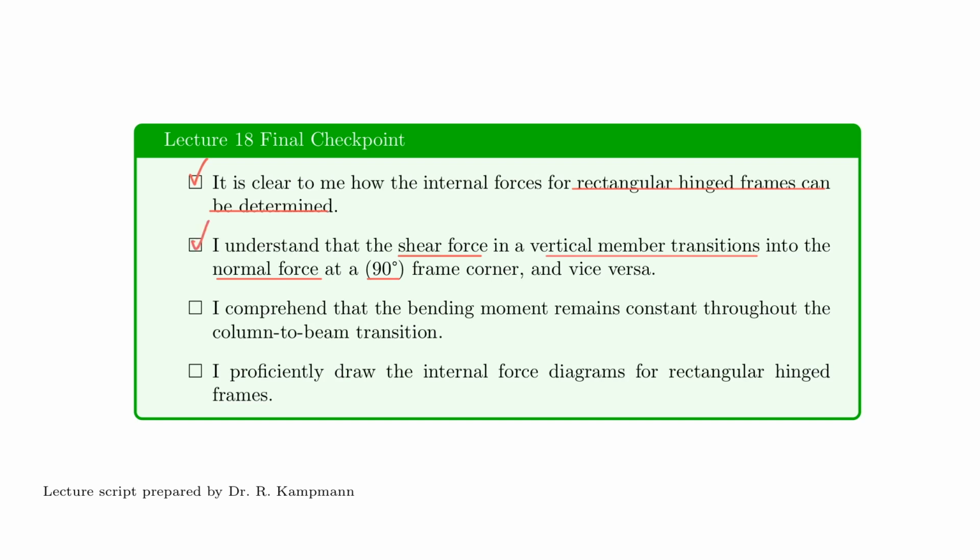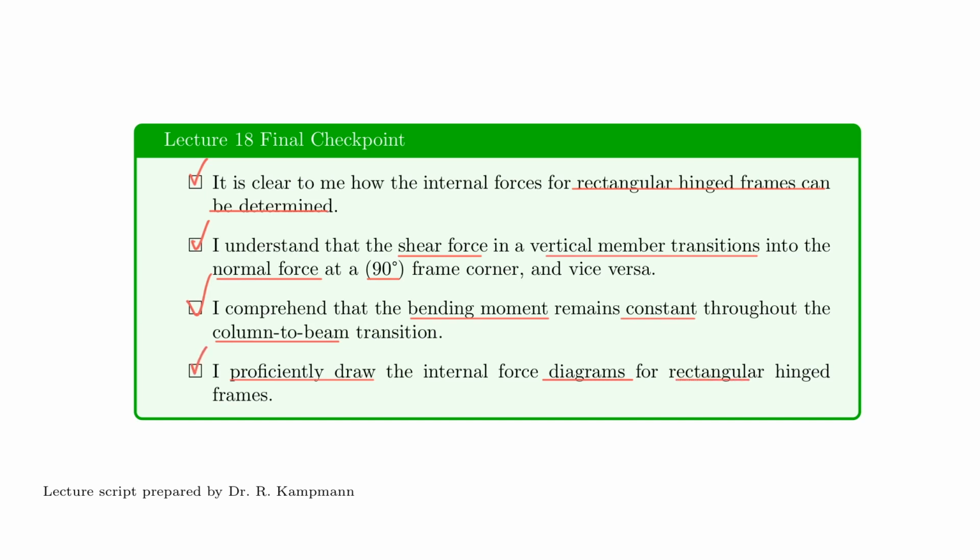The bending moment remains constant at the corner because, opposite to the shear force and the normal force, the bending moment rotates about a point, and it doesn't matter if the point is on the vertical member or on the horizontal member, as long as it's very close to the corner. And if I put all of that together, I can also efficiently draw my diagrams for rectangular hinge frames.